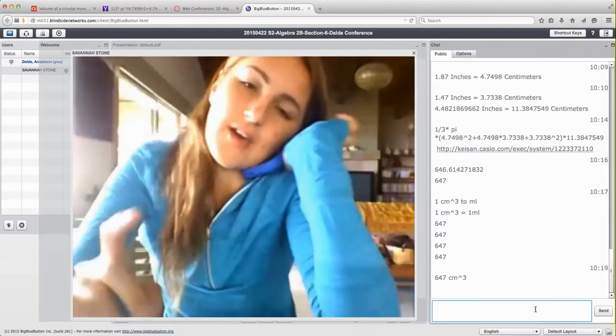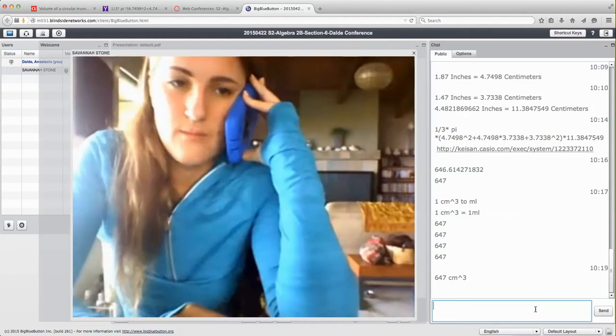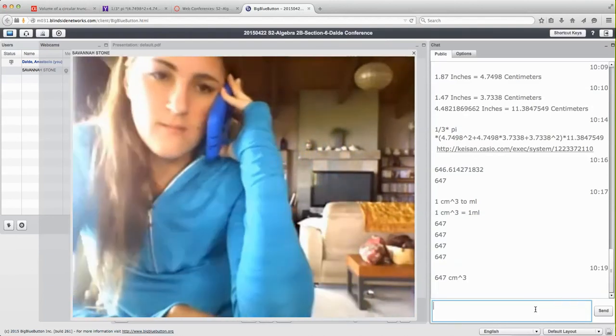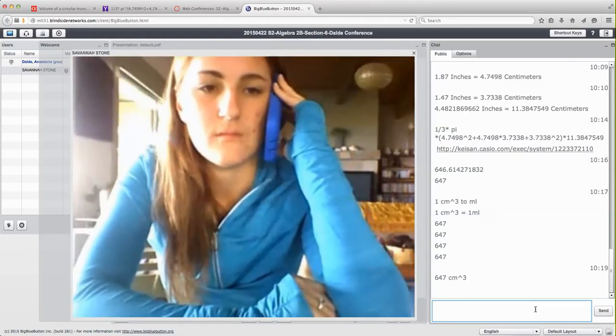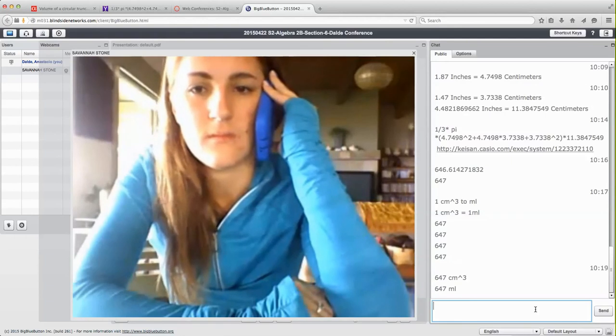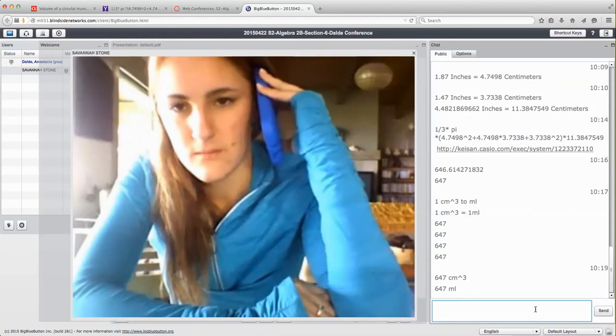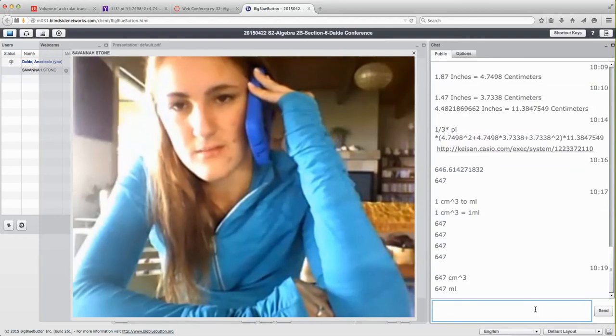Okay. So if it's 647 centimeters cubed, and for every cubic centimeter you have 1 milliliter, and we have 647 cubic centimeters, then here's how many milliliters we have. We have 647 milliliters.